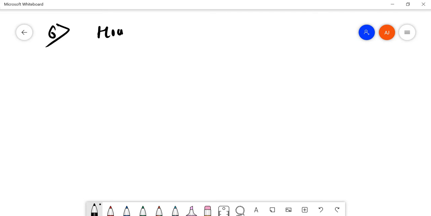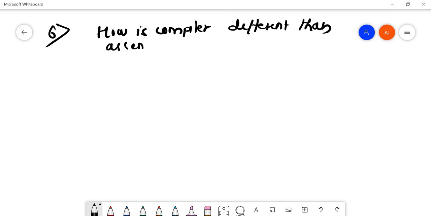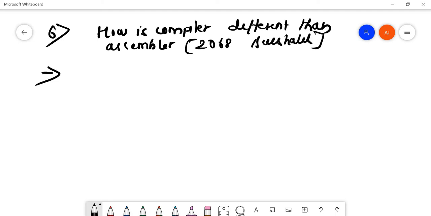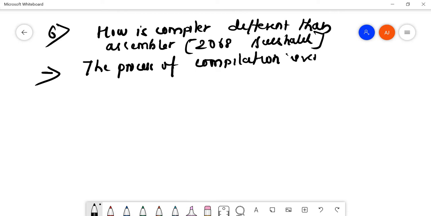So how is compiler different than assembler? Okay, so this question they have asked in 2068 by SAF. Fine. So how is it different? We can write the process of compilation is very complex, much more complex than assembler.